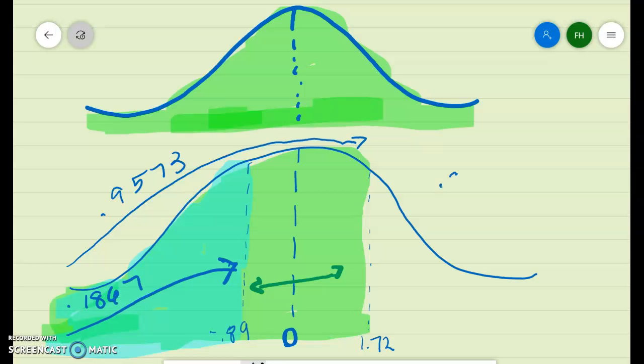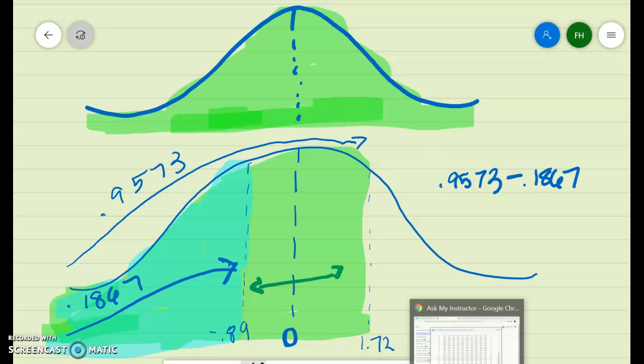So if you subtract that little piece that you don't want out of 0.9573, you will get your answer. And it should be 0.7706.